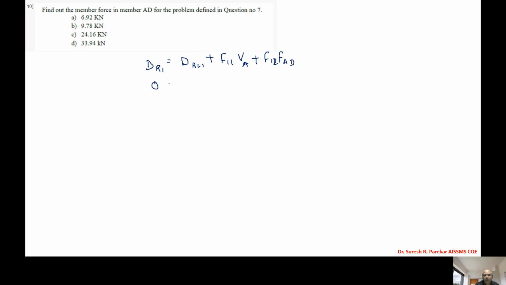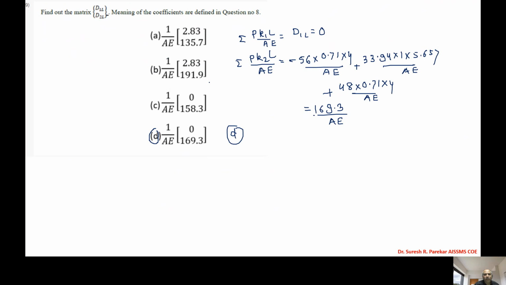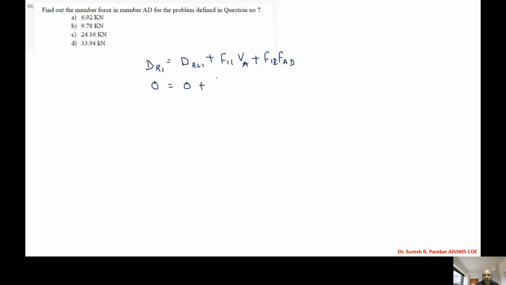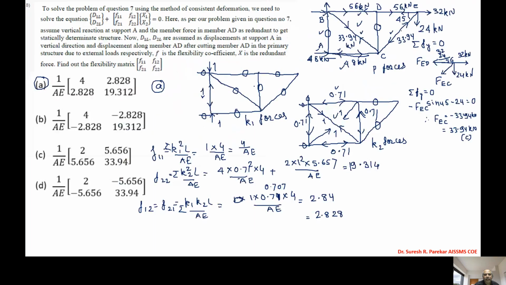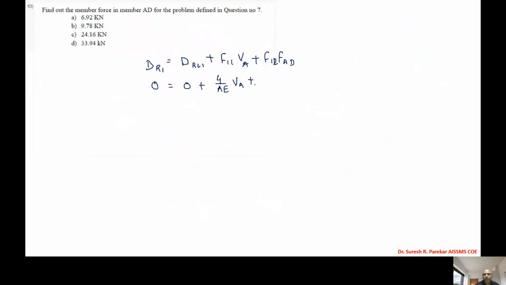And we have 0 equal to this. F11 we have the value 4, so we have 4 upon AE into VA, plus F12 we have seen is 2.828, so plus 2.828 into FAD.